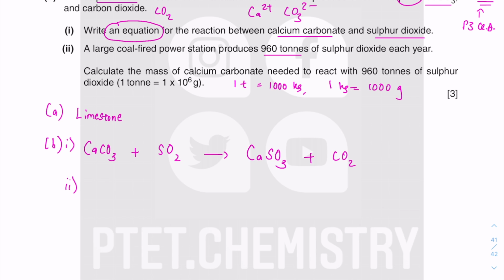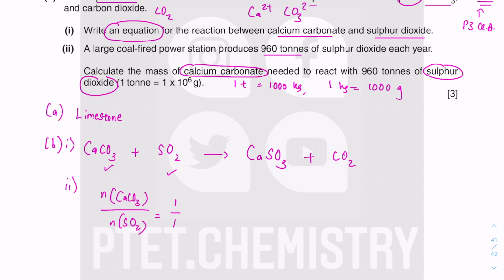So I have my calcium carbonate, and I want to react it with sulfur dioxide. So hopefully you can see the mole of calcium carbonate over the mole of SO2 is equal to 1/1 from the balanced equation. 1 mole of calcium carbonate reacts with 1 mole of SO2.